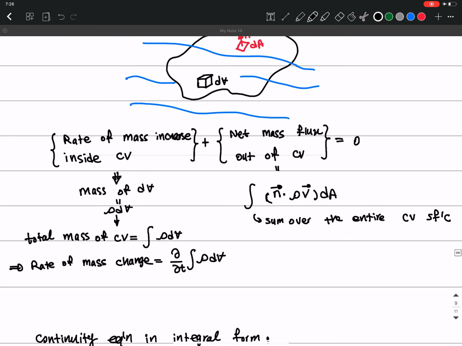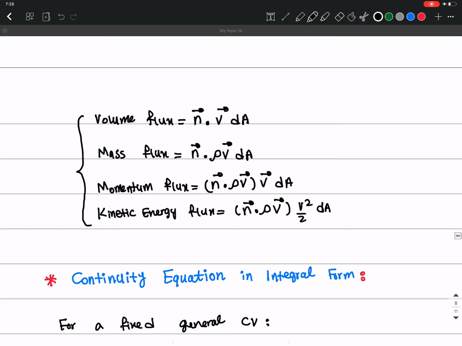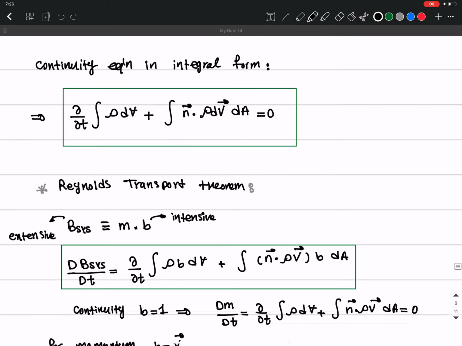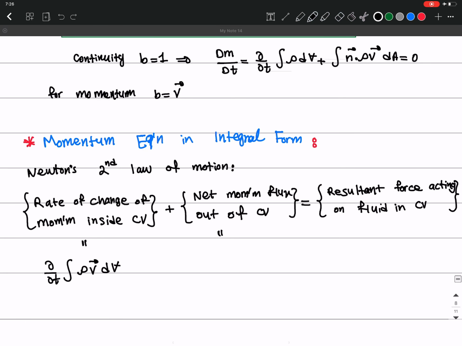So we have the net mass flux. What is mass flux and momentum flux? So this was mass flux, and here we have momentum flux. You just need to multiply it by a velocity. So this is the net mass flux out of the CV. In order to get the net momentum flux, I just multiply it by v, velocity.